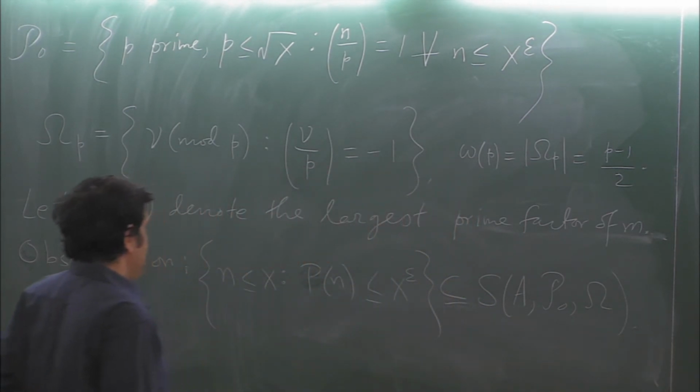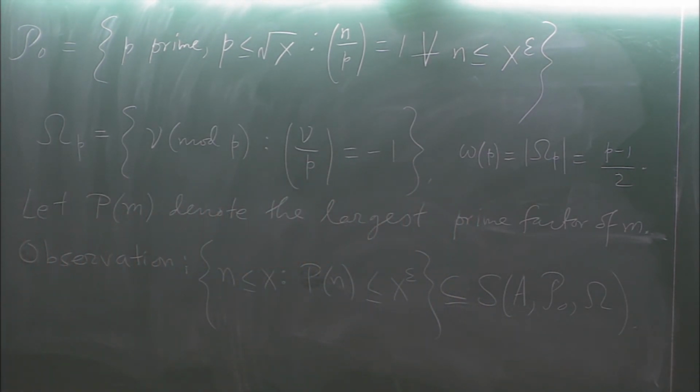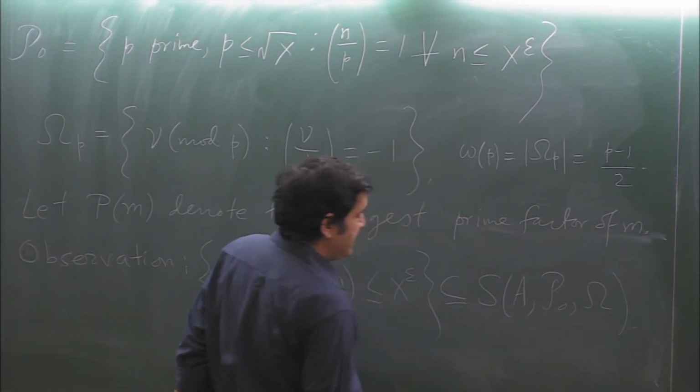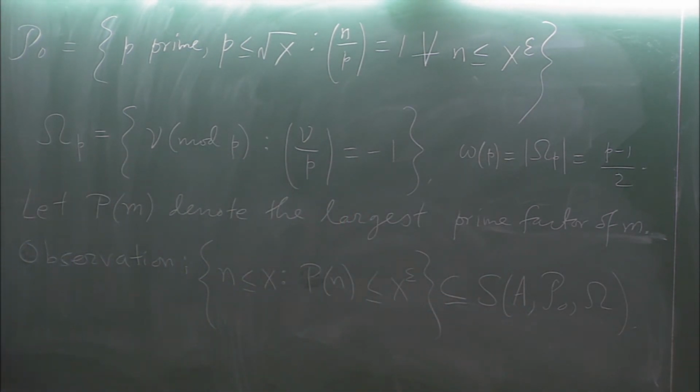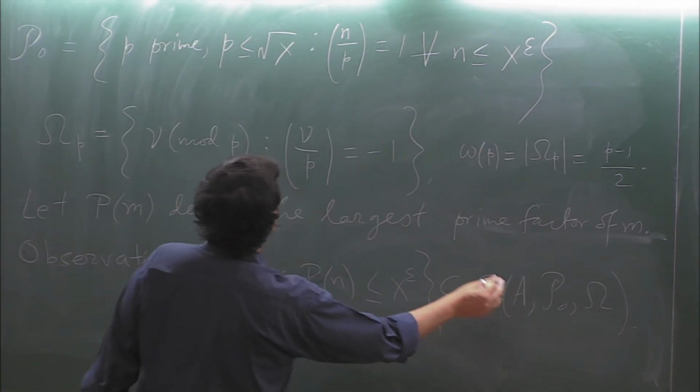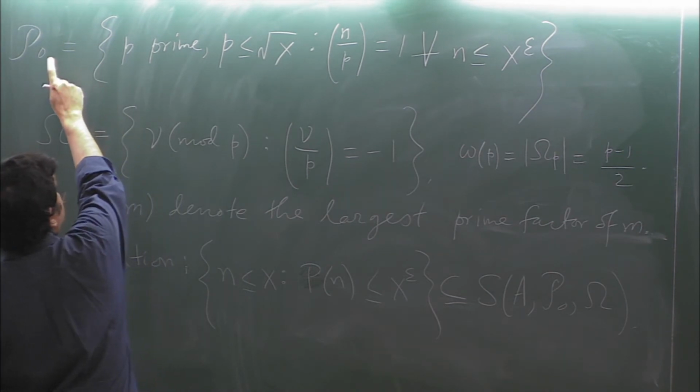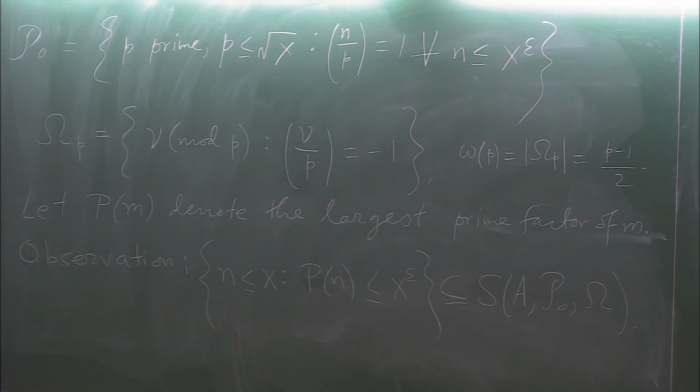Okay. Is this clear why? So what is S(A, P naught, omega)? These are those integers in A, which means integers up to x, such that if you reduce modulo these kind of primes coming from P naught, it should not be a non-residue.